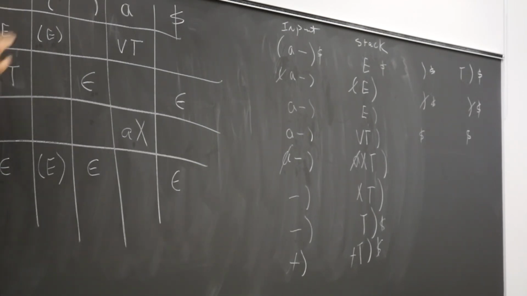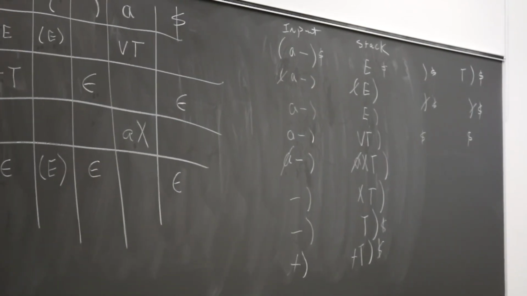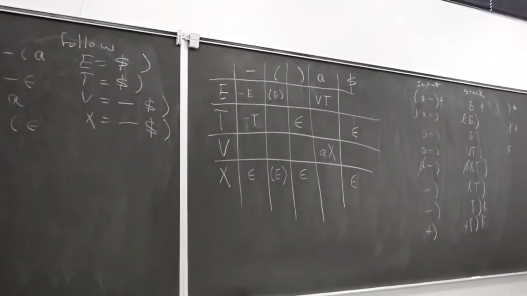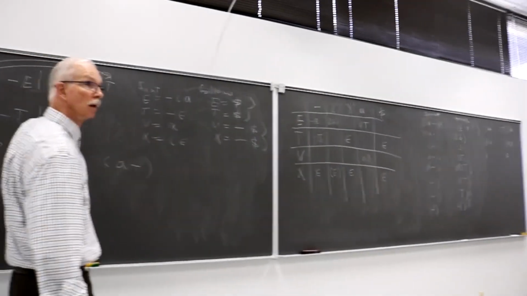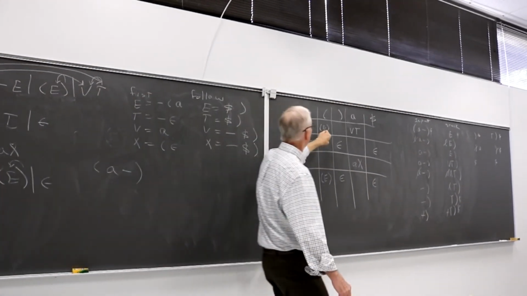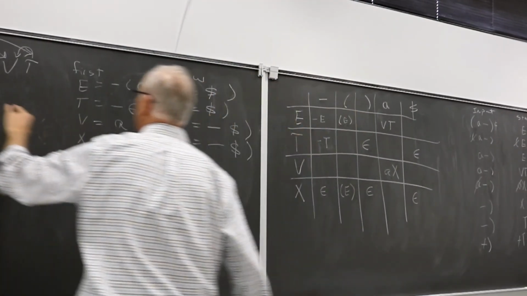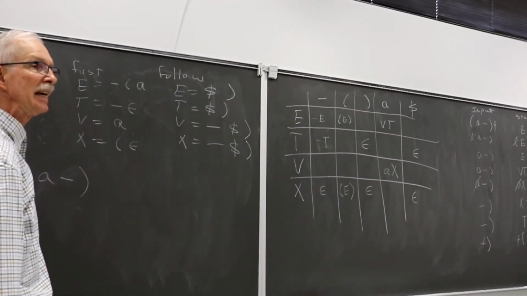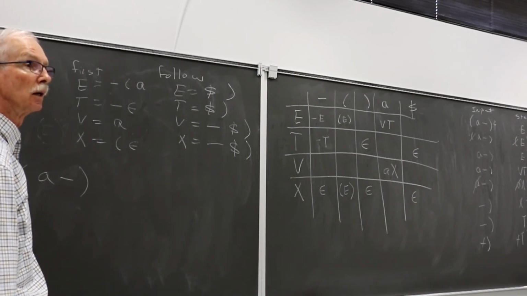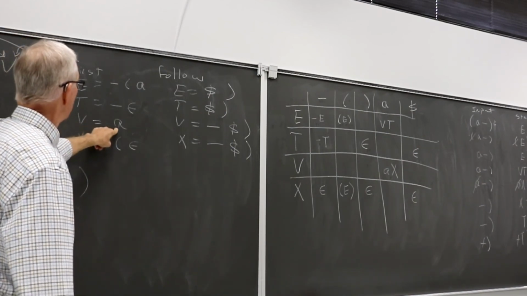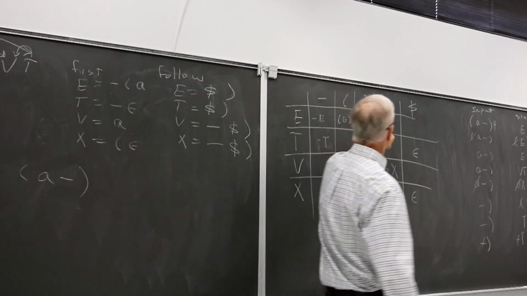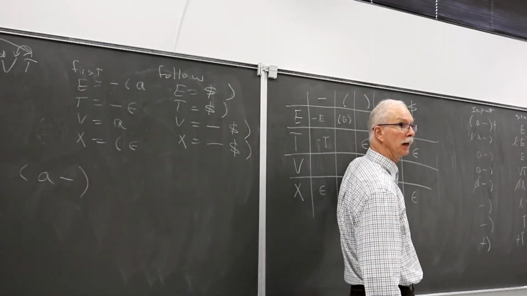I'm going to put in paren E paren on the first of paren E paren. And so I put in paren E paren under paren. I said I'm going to put in VT on the first of VT. The first of VT was A, so I put in VT under column A.